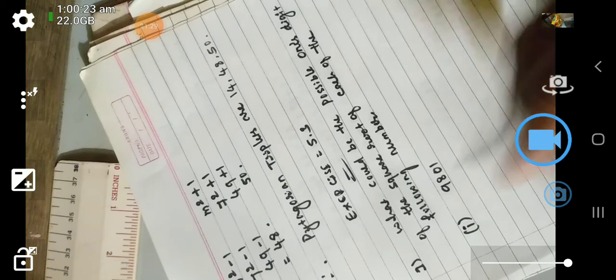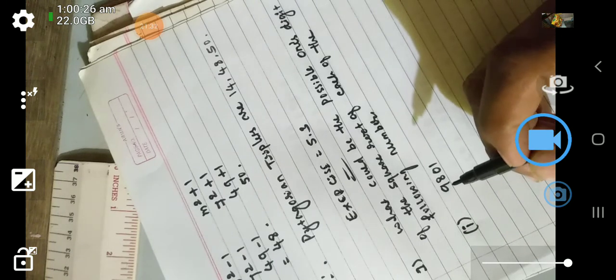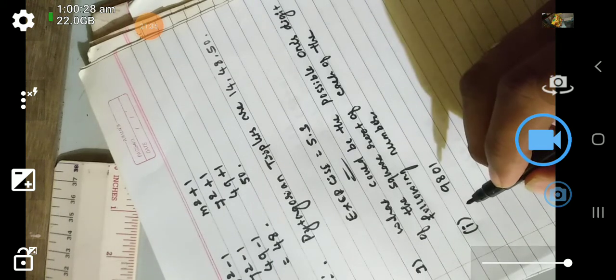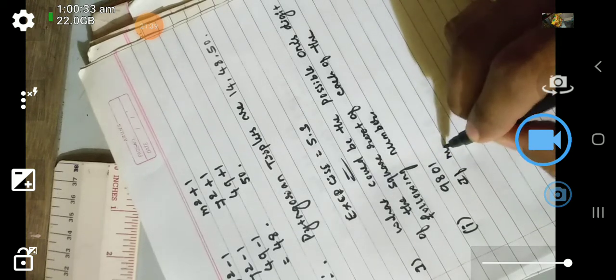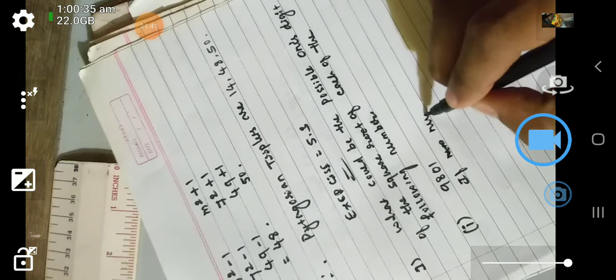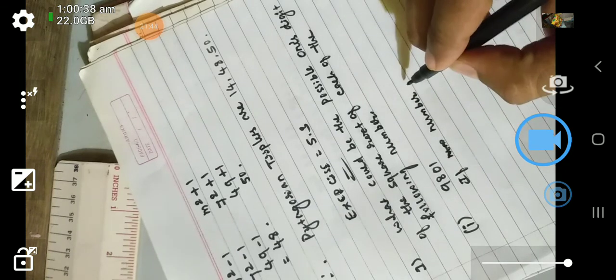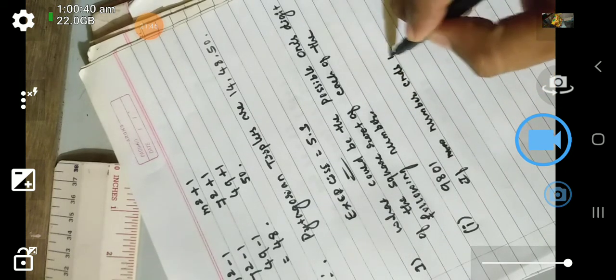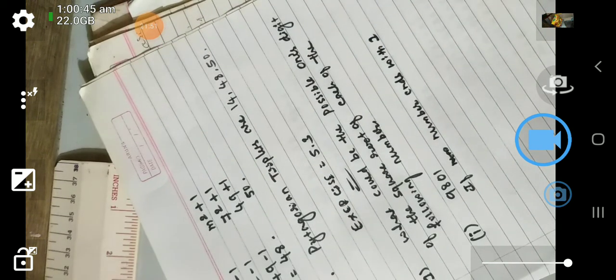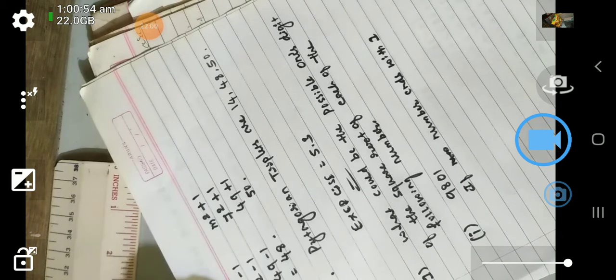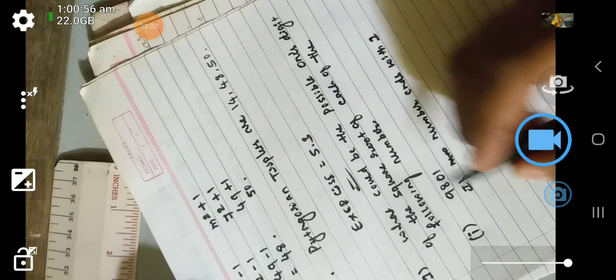See, before solving this question, we must know what we solved previously: if a number ends with 1, then its square root can end with 1 or 9. I'll tell you how.